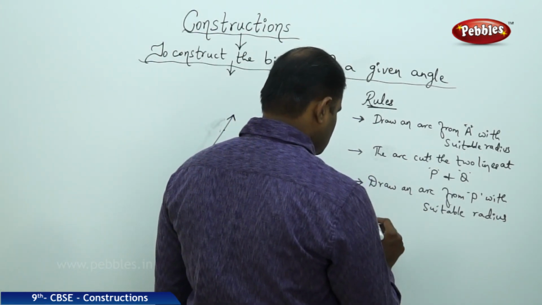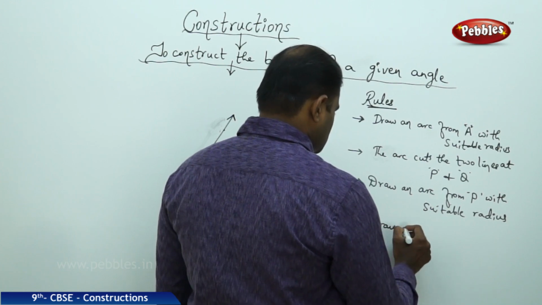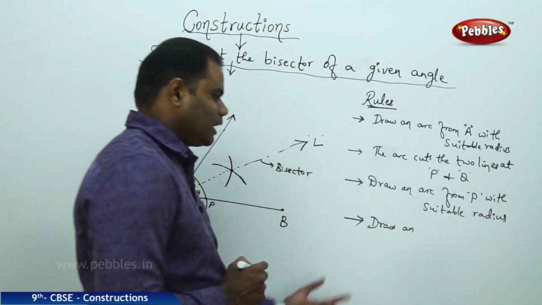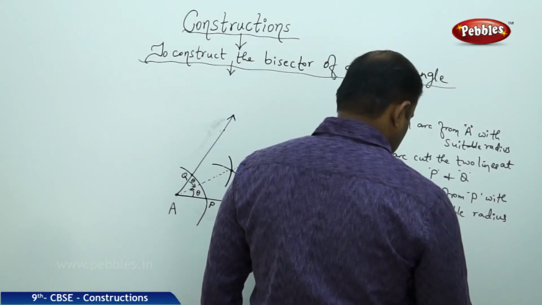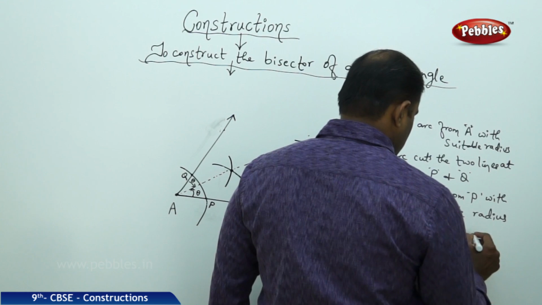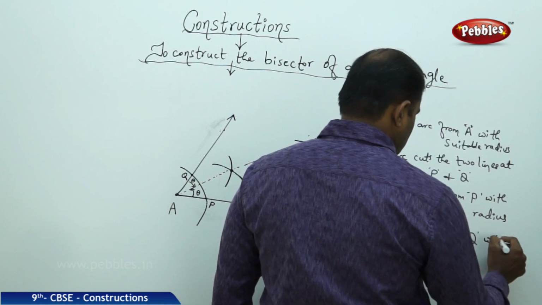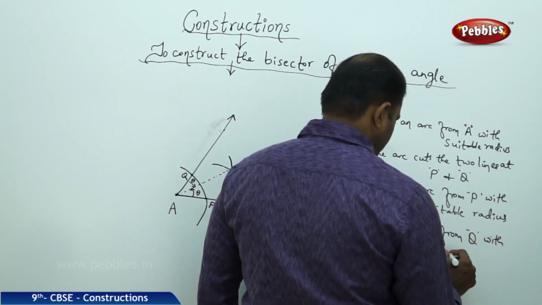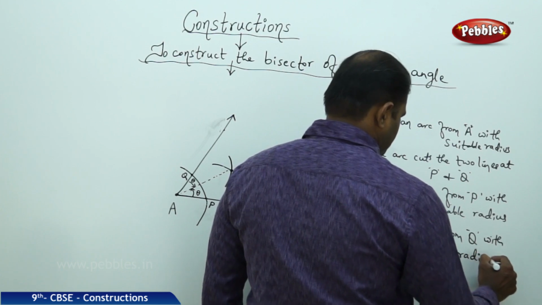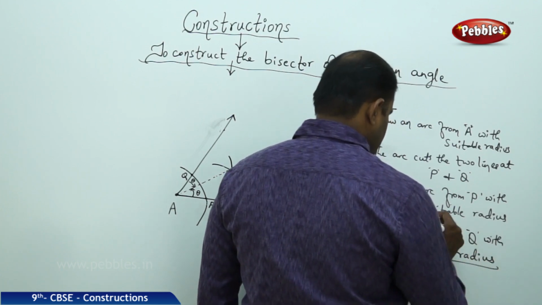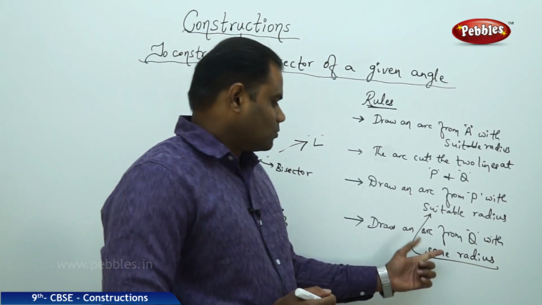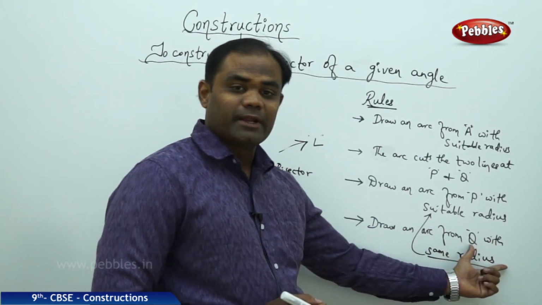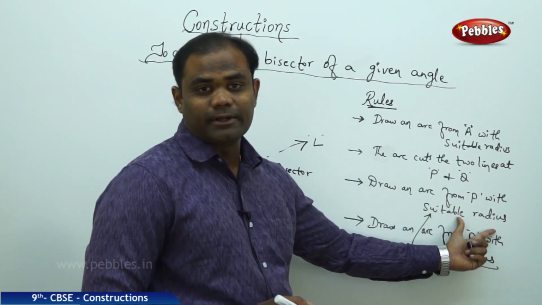Next, this point is very important. I draw an arc now from Q. So draw an arc from Q with the same radius as this. This is very important. So I draw an arc from Q with the same radius as the previous suitable radius.